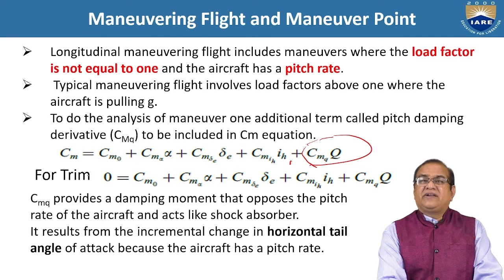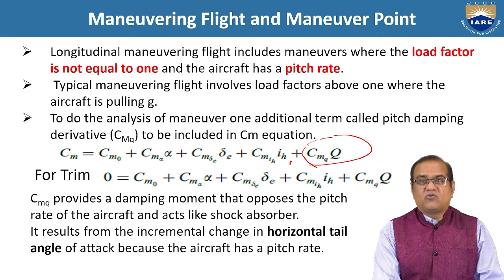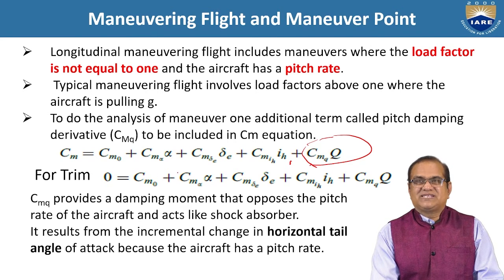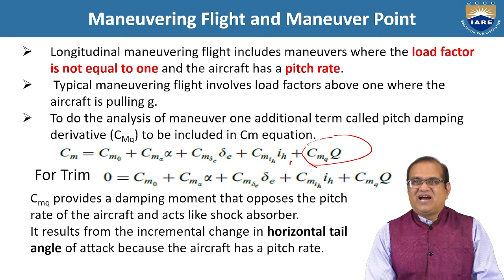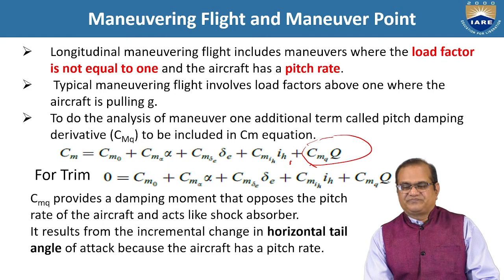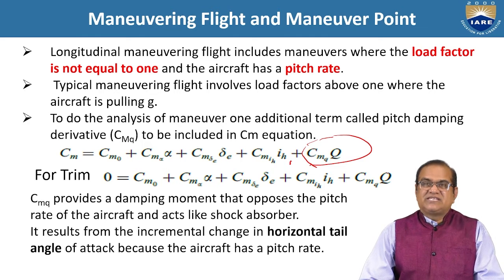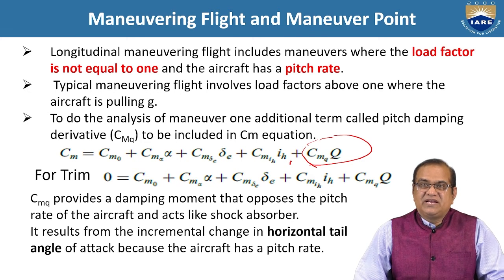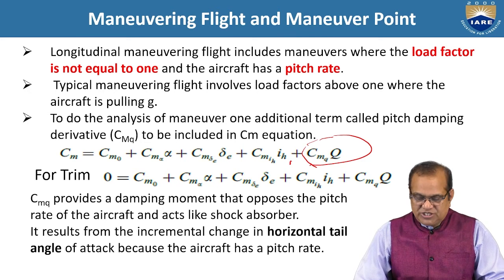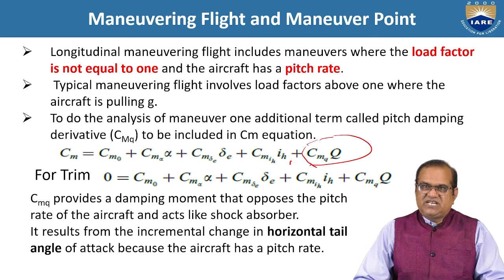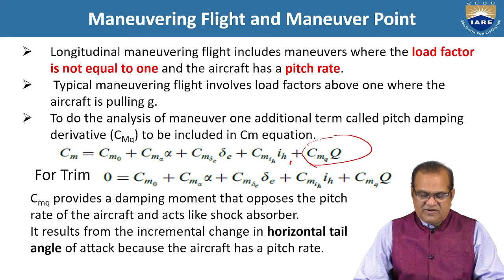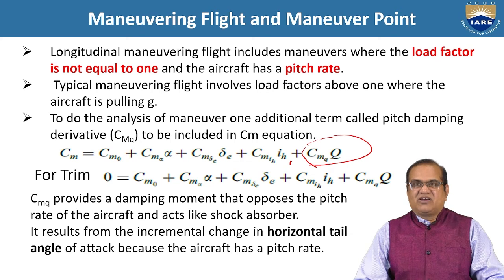For the trim condition, the total coefficient of moment should be 0. This should be Cm naught plus Cm alpha into alpha plus Cm delta E into delta E plus Cm iH into iH plus Cm Q into Q, where Q is the pitch rate. CMQ provides a damping moment that opposes the pitch rate of the aircraft and acts like a shock absorber.